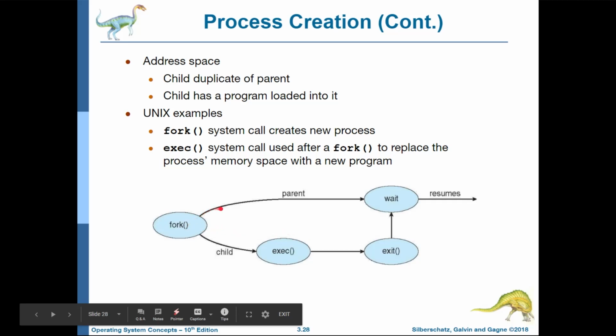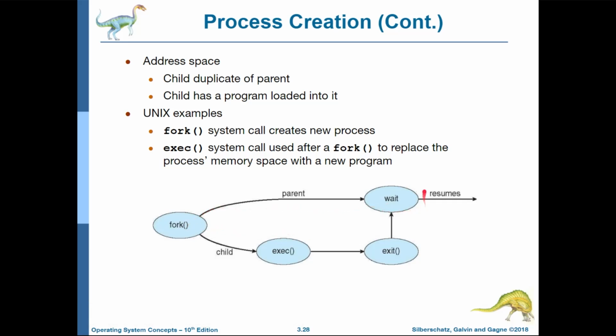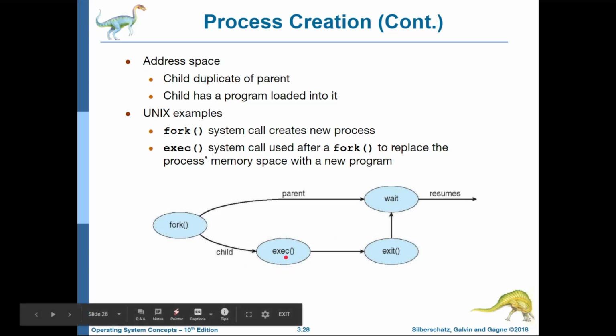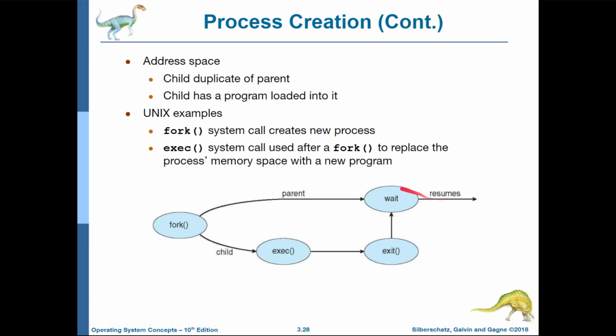The parent, on the other hand, will call a function called wait. Wait will cause that parent process to be put onto a waiting queue while it waits for the child process to load its program, execute the program instructions within that process, and then that process calls the exit system call. When the child process calls exit, wait in the parent resumes.